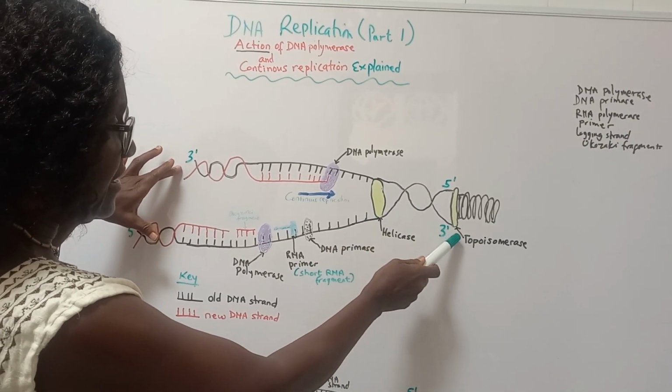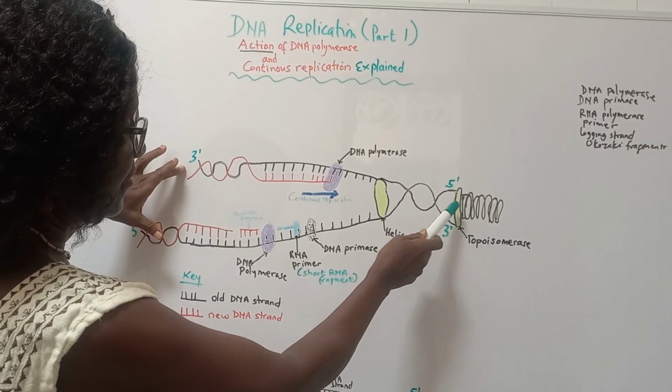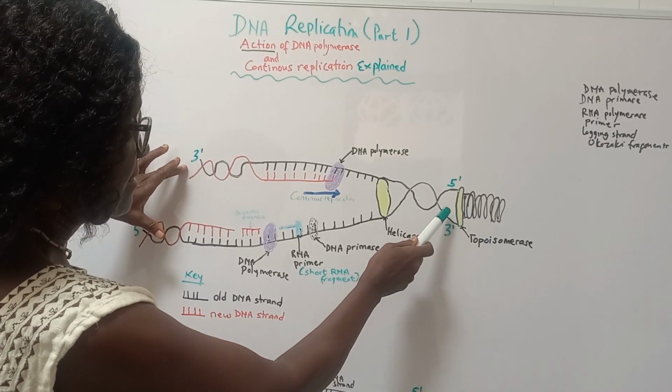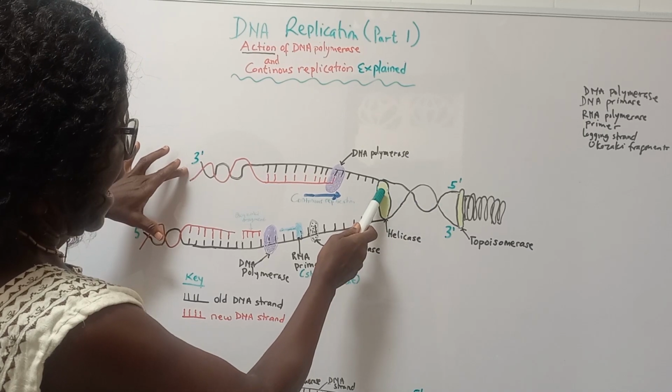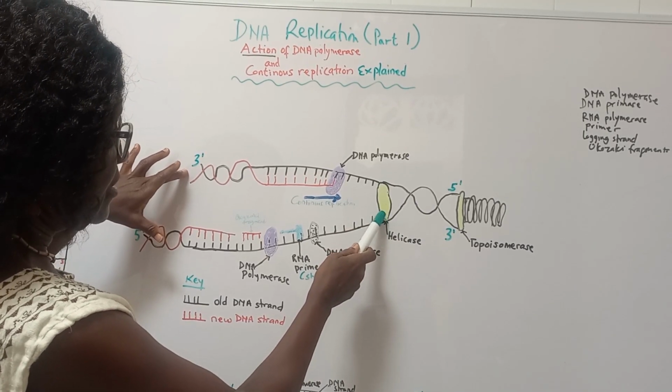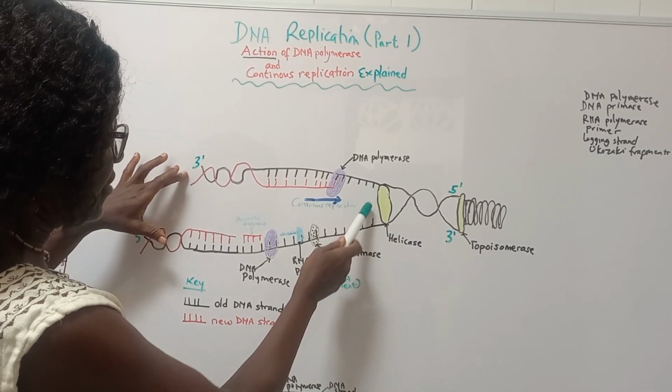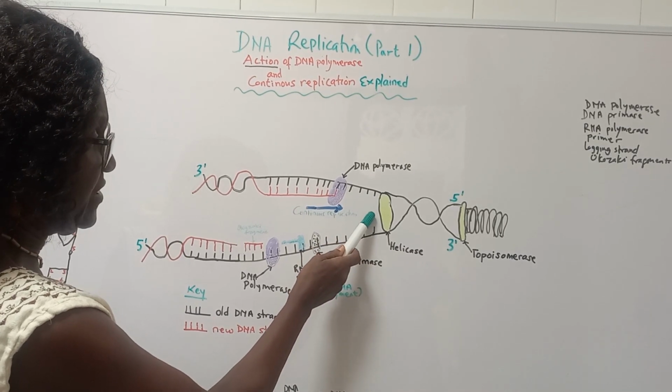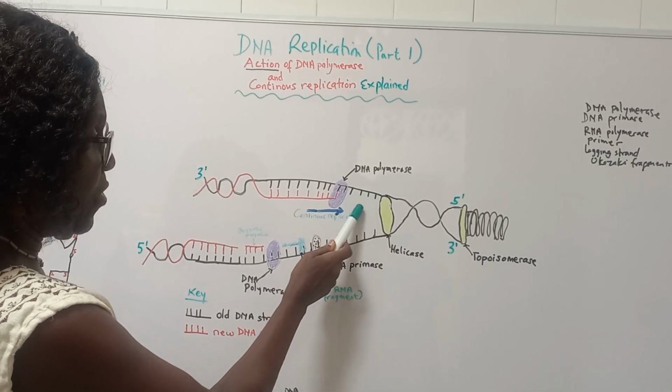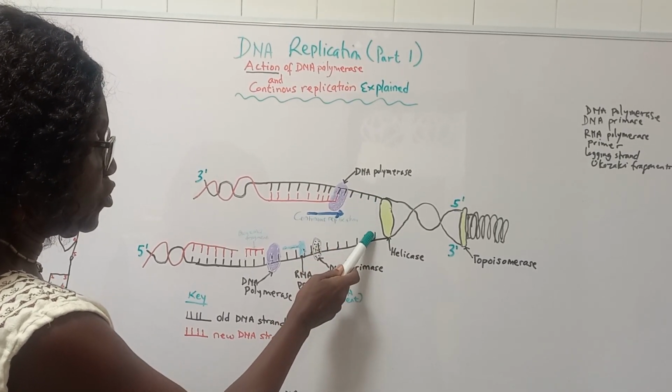After topoisomerase has disentangled it, the enzyme helicase breaks the bonds between the nitrogenous bases, so it exposes the bases to be copied.